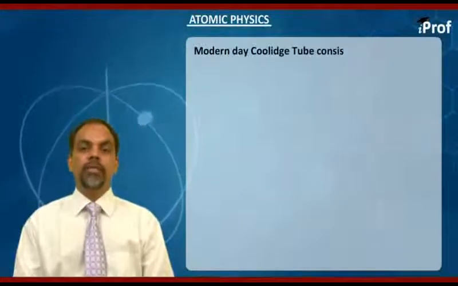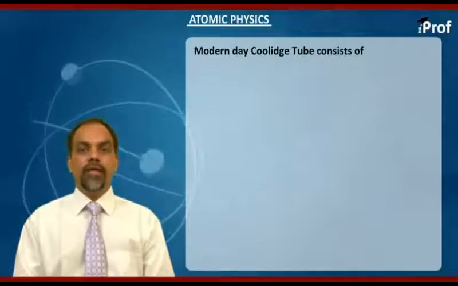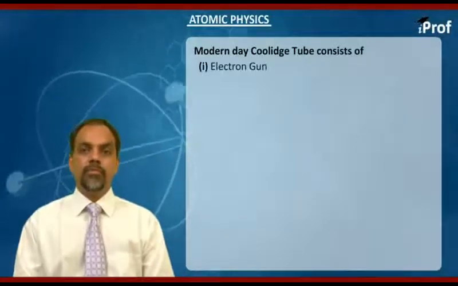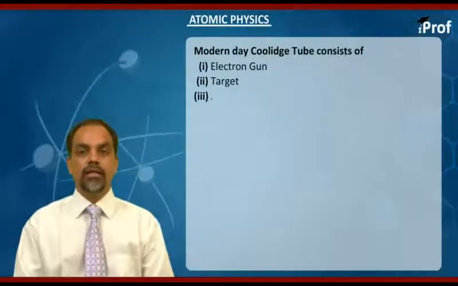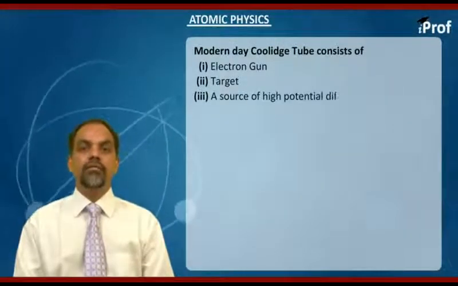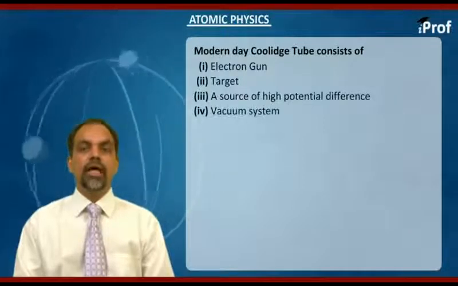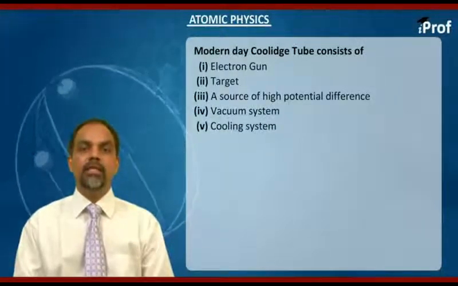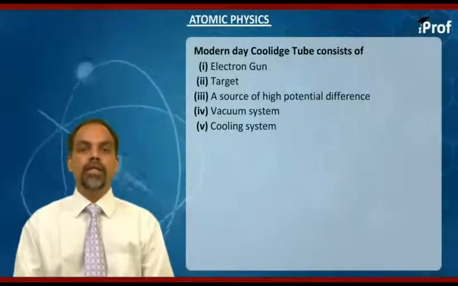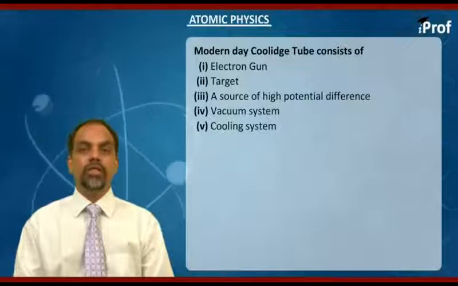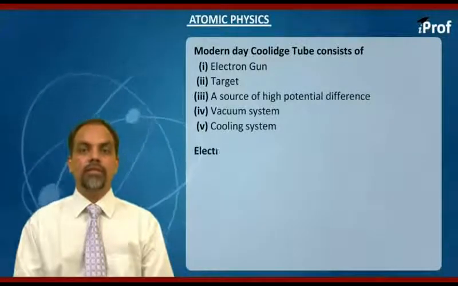Now here, the modern day Coolidge tube consists of 5 main parts. The first is the electron gun, then we have a target, the third is a source of high potential difference, and we have a vacuum system, and then a cooling system. These are the 5 main components of any modern day Coolidge tube. Now let's go slowly one by one.